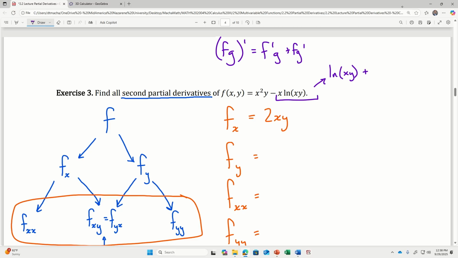Plus x times the derivative of g, which is the derivative of natural log, which is going to be 1 over x. So it should be natural log of xy plus 1. And so with the minus sign there, it's going to be minus 1. Does that make sense?